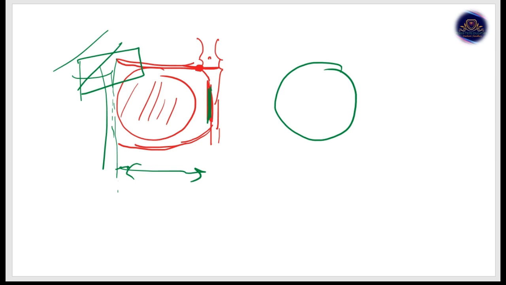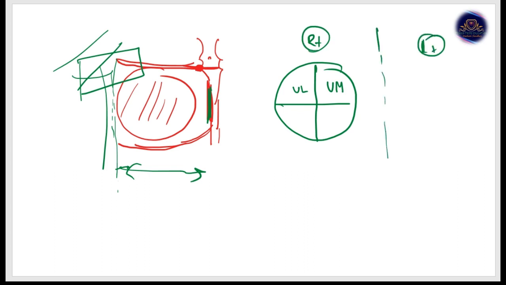We divide the mammary gland superficially into four parts: upper part and lower part, and the upper part is further divided into medial and lateral parts. Suppose this is the right and this is the left, and here is the midline of the body where the sternum lies.